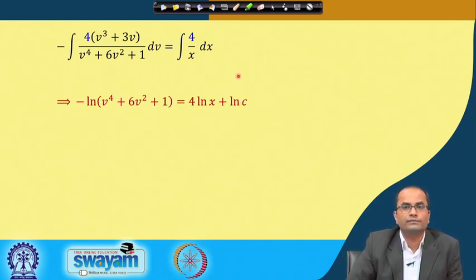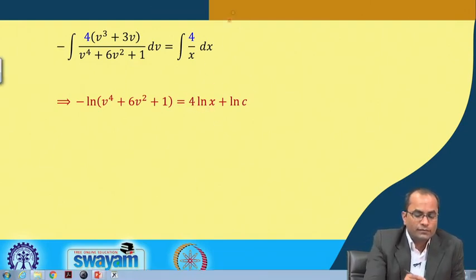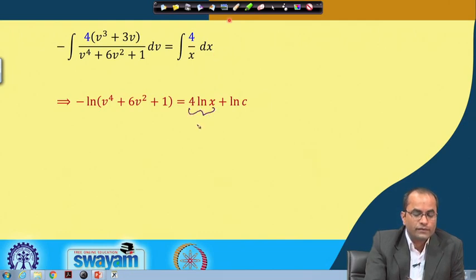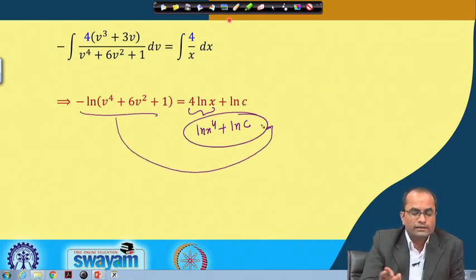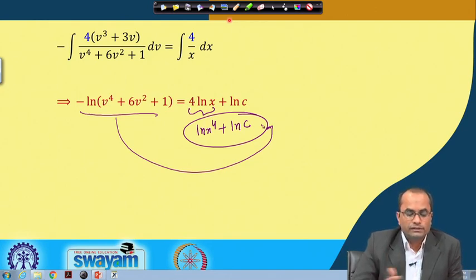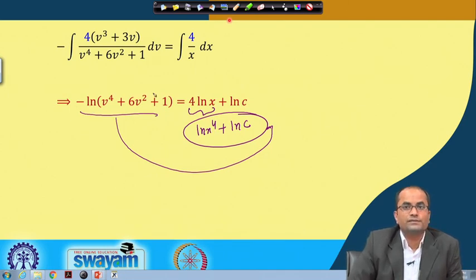So, ln c, and now we can combine these two. We can write this as ln x^4, and then here we have ln c. So, this is basically c x^4, and this also we can take to the right hand side. So, we have everything: ln x^4 plus ln c plus ln (v^4 plus 6v^2 plus 1).